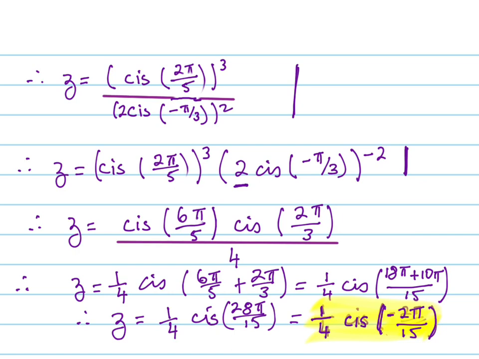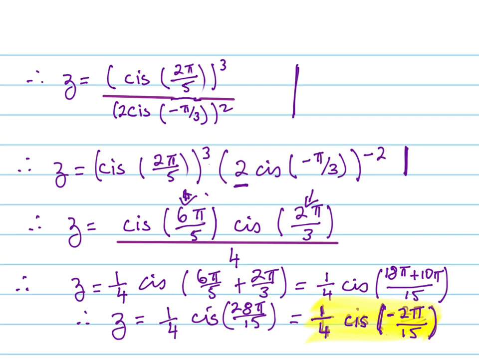Okay, and applying the rest of de Moivre's theorem, we can see how this comes about, this bit here. 3 times 2 pi on 5 is 6 pi on 5. And similarly, negative 2 times negative pi on 3 is 2 pi on 3, like so. Okay, the rest is just tidying up a bit.